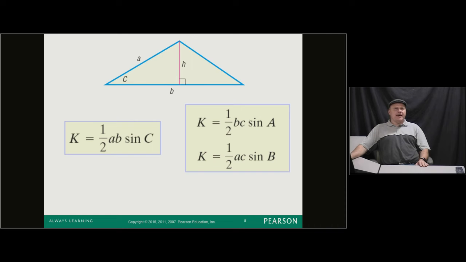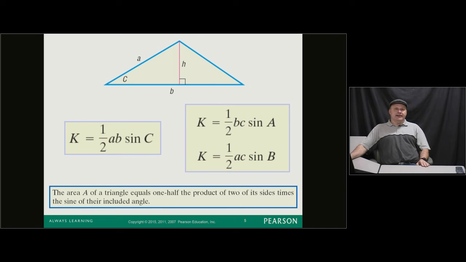So that's going to be 1/2 AB sine of angle C. Of course, you can readjust the height of any triangle to go to the other side, and so the other 2 formulas follow from that. The area could be 1/2 BC times the sine of angle A, or 1/2 AC times the sine of angle B.